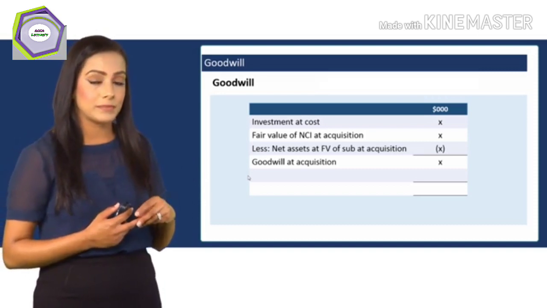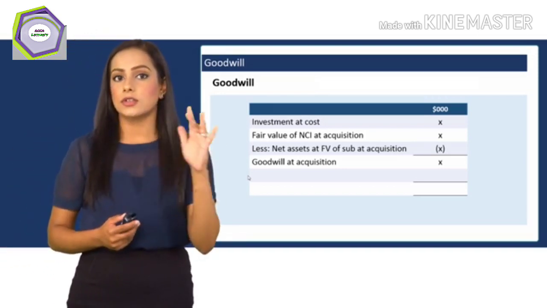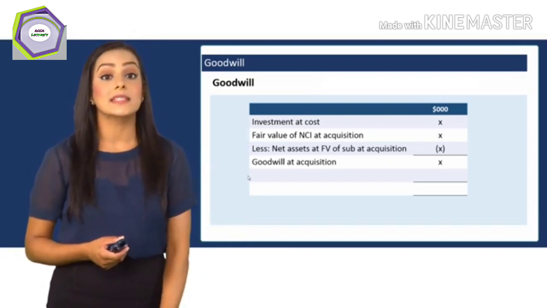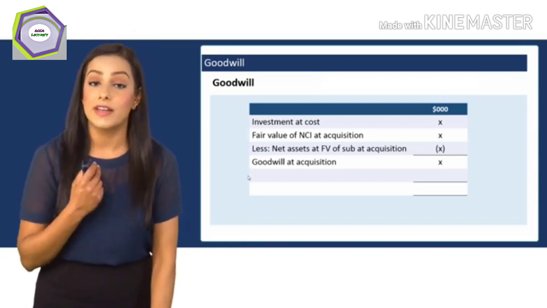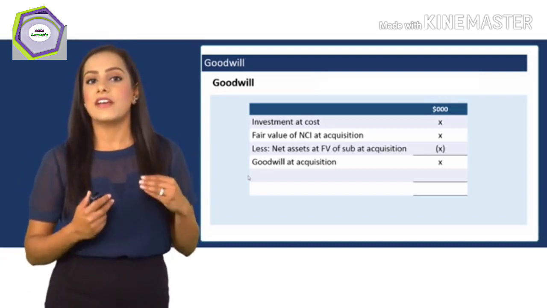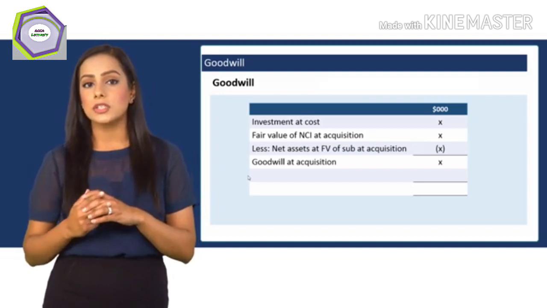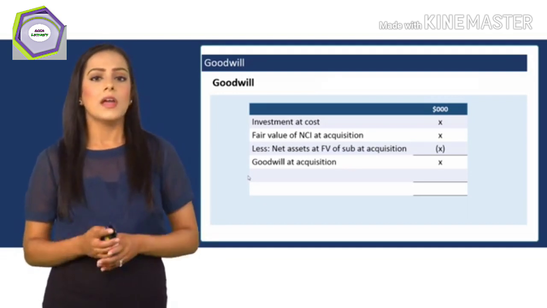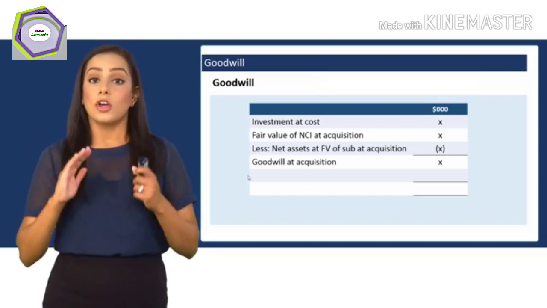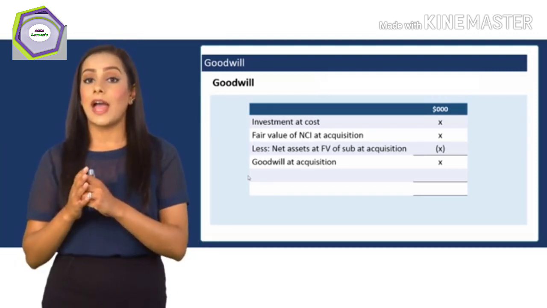To calculate it, we start off with investment at cost. Investment at cost represents the amount that you've invested in the subsidiary. Then you add on the fair value of NCI at acquisition. What does this mean? If the parent buys 70% of the subsidiary, you buy 70% for how much?